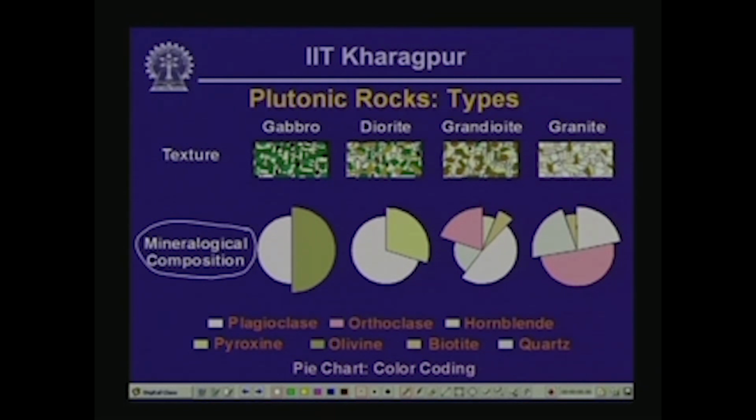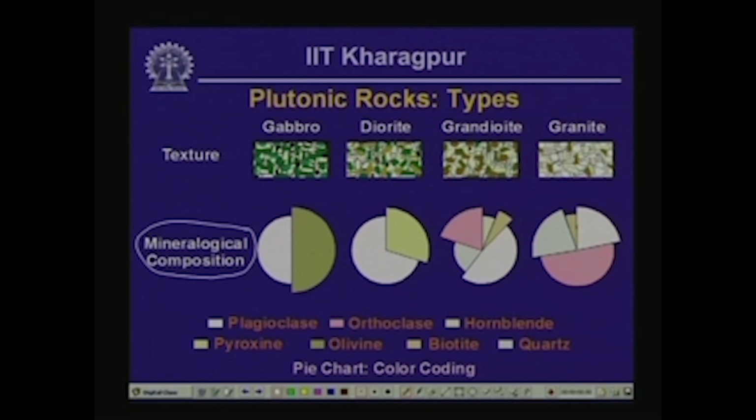Here also you can see that we have a very wide range of mineralogical composition. The rocks towards the left of this slide, gabbro for instance, are composed primarily of dark colored minerals. One of the chief components is olivine, and you also have plagioclase in this case.